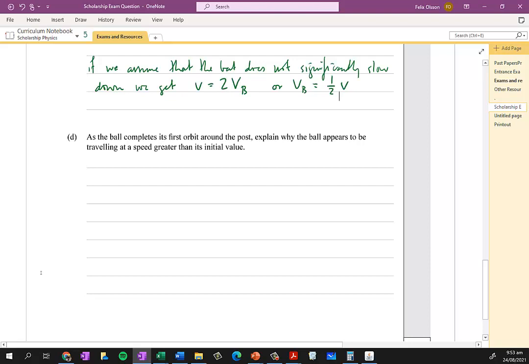Okay, finally, as the ball completes the first orbit around the post, explain why the ball appears to be traveling at a speed greater than its initial value. So we can say, as it swings around, its radius decreases due to wrapping around the post.